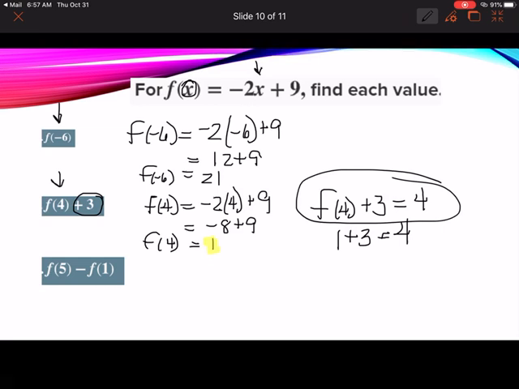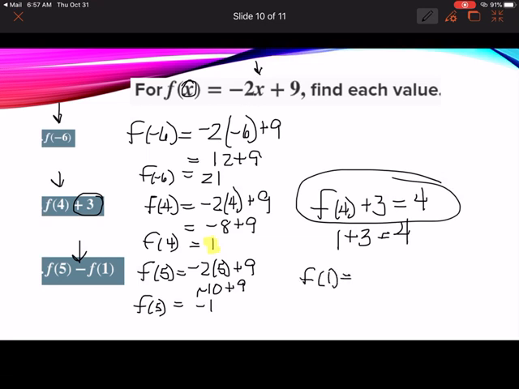So here I have two functions going on. I need to find these separately, and then I'm going to subtract them. So I'm going to do f of 5 first. Negative 2 times 5 plus 9. So that's negative 10 plus 9. So negative 1 equals f of 5. Now I'm going to separately do f of 1. Negative 2 times 1 plus 9.